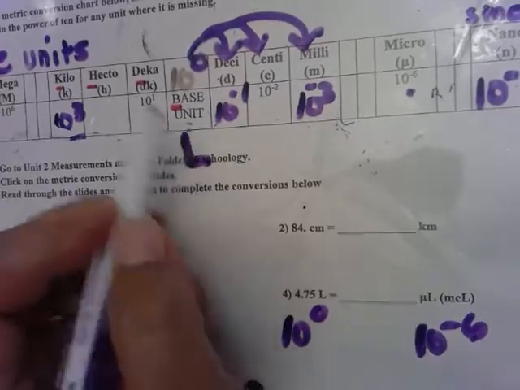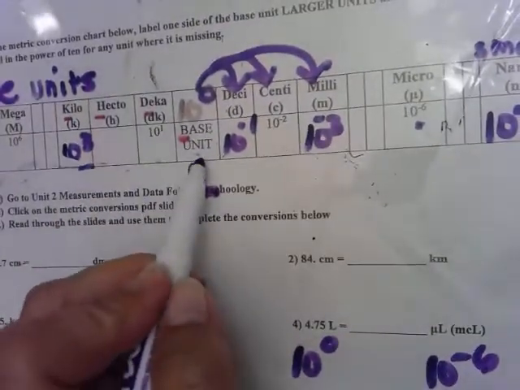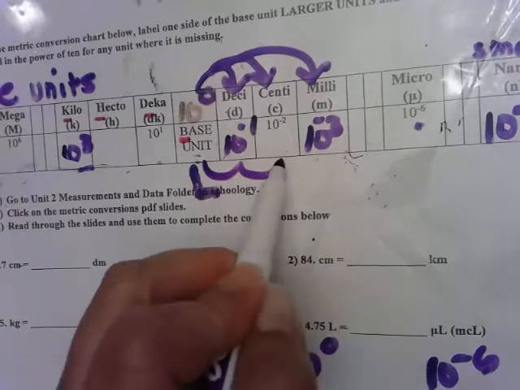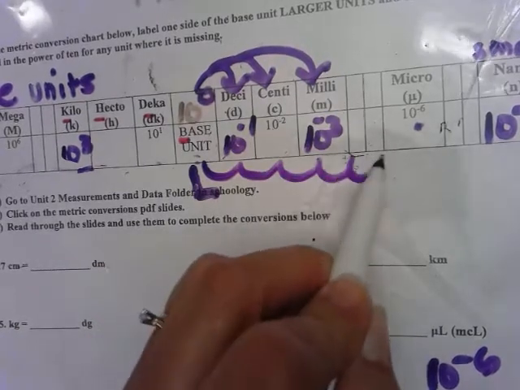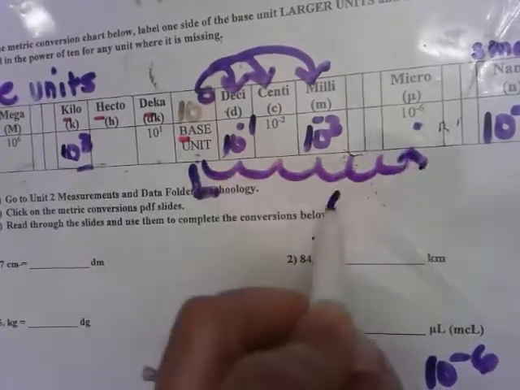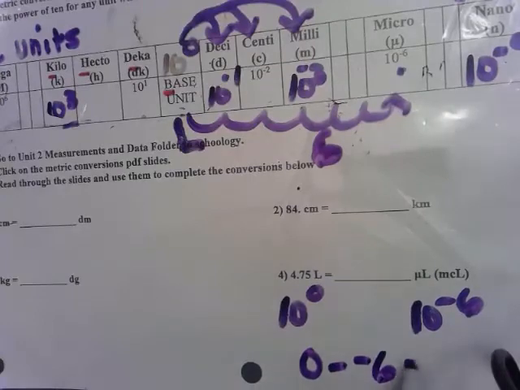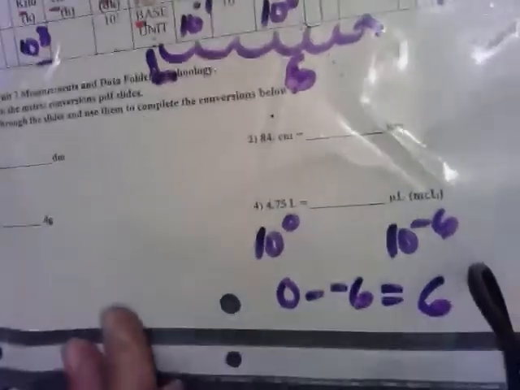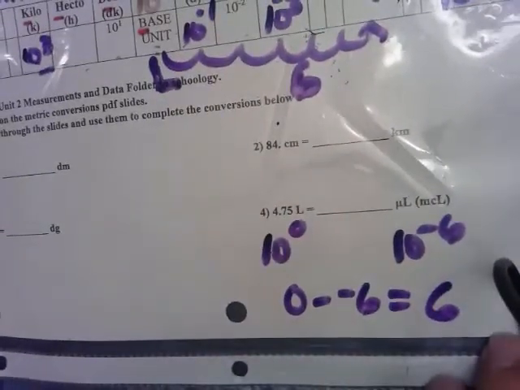You could put the powers in here, or you can move the decimal point. You can move the decimal, counting the boxes, and go 1, 2, 3, 4, 5, 6. You're going to see 6 places, but it could also be easy just to take 0 minus 6, and you're going to get 6 places. So you can just subtract the exponents, the larger exponent minus the smaller exponent, and you're going to get 6 places.